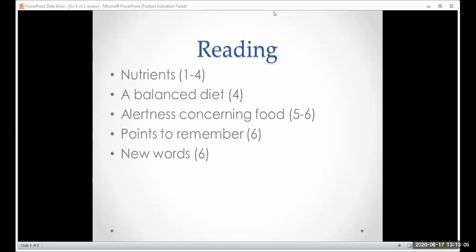Food contains different substances which are useful to our body. These substances are called nutrients. These nutrients are necessary for life and growth. Food contains nutrients like protein, fats, carbohydrates, vitamins, and minerals. It also contains water and roughage.